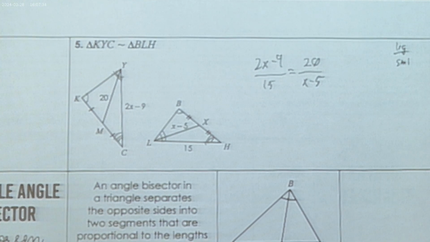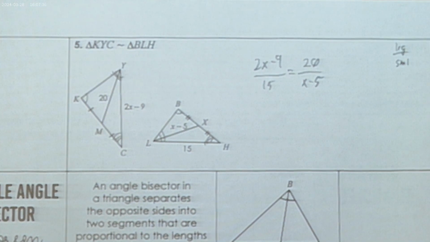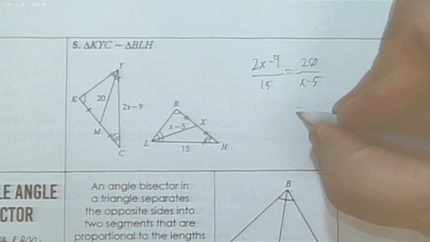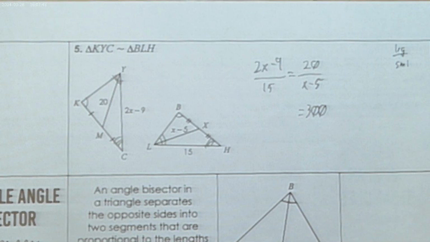All right, let's go ahead and we'll get this ball rolling. To start with, 20 times 15. That's going to be the easy one, equals 300. So let's see, get my calculator here, 2x minus 9 times x minus 5.